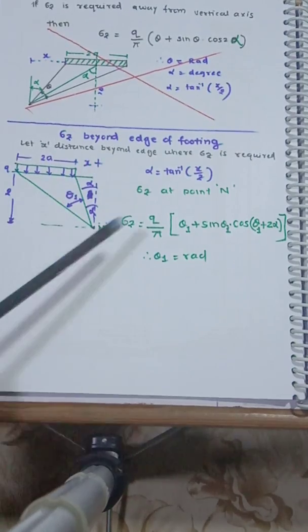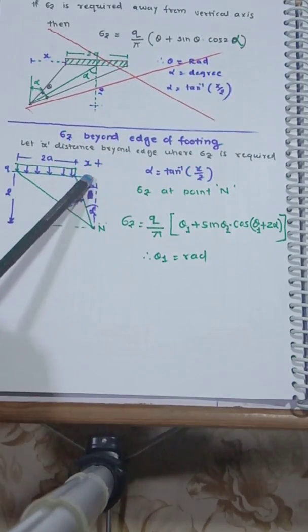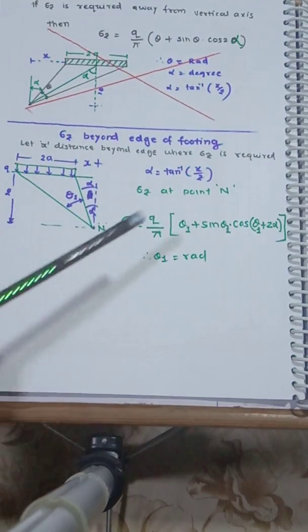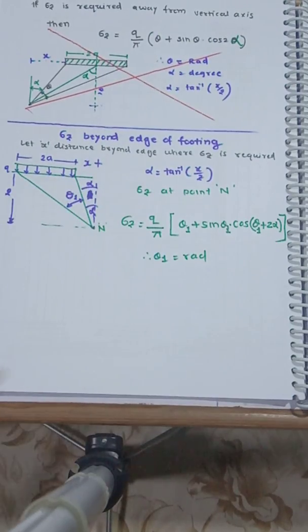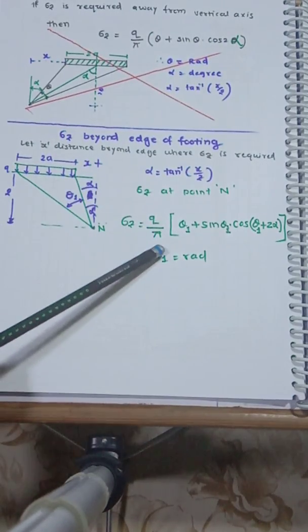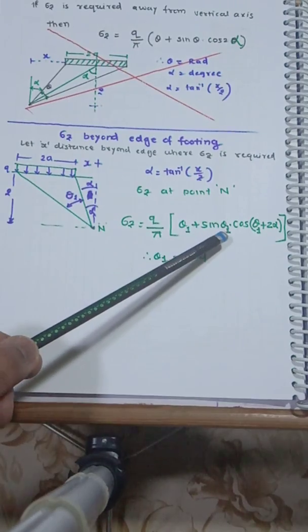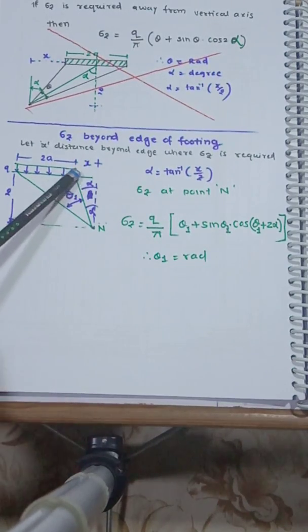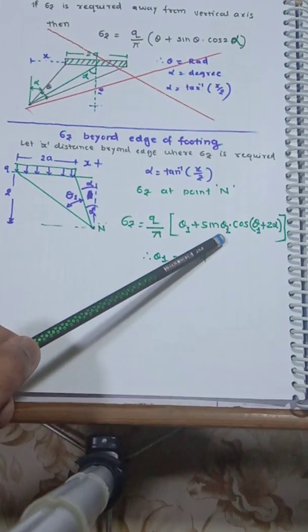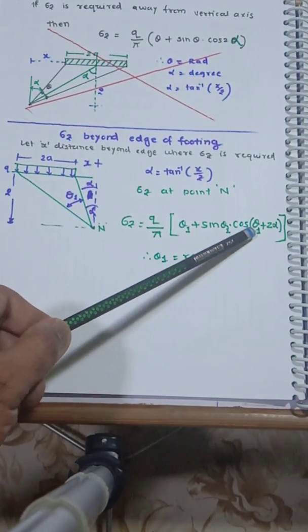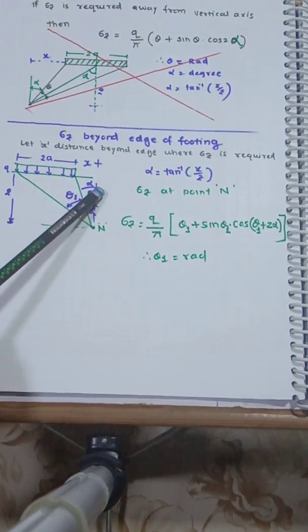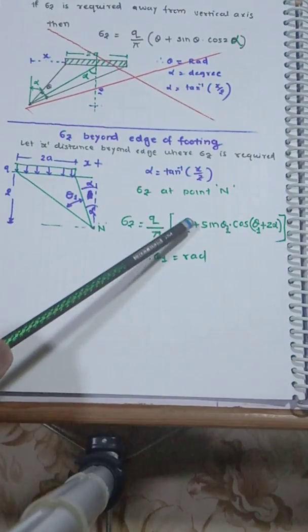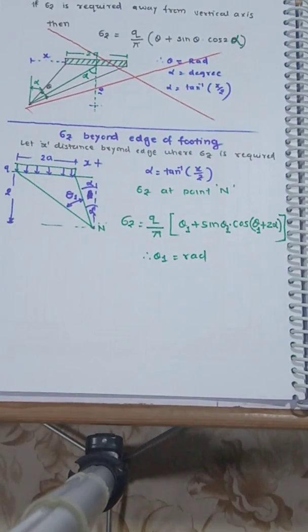Okay, so alpha is x upon z, so that is tan inverse of x upon z, and again after solving we get sigma z as q by pi times theta 1 plus sine theta 1 cos of theta 1 plus 2 times alpha, where this theta 1 is, again, the angle subtended by the edges, and theta 1 is in radian. So this is how we completed the first two line loads.